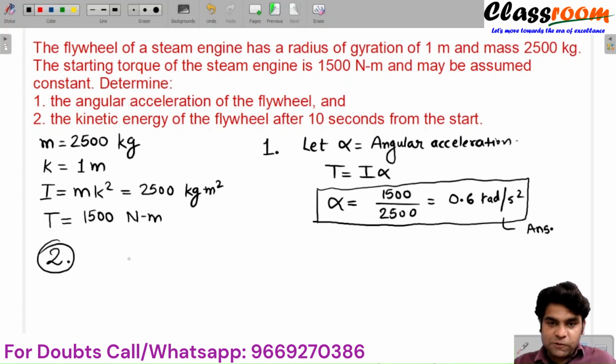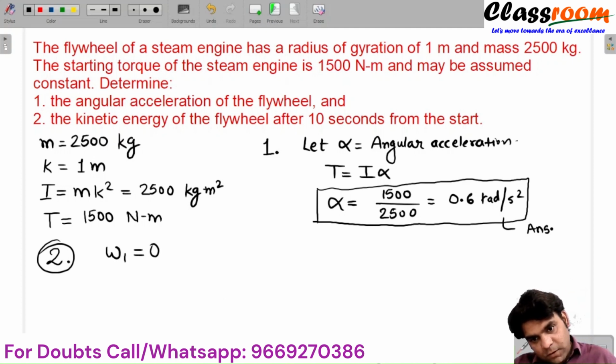The flywheel's speed at rest is 0, because it is starting from the rest position, so the initial angular velocity of the flywheel, omega 1, is 0.